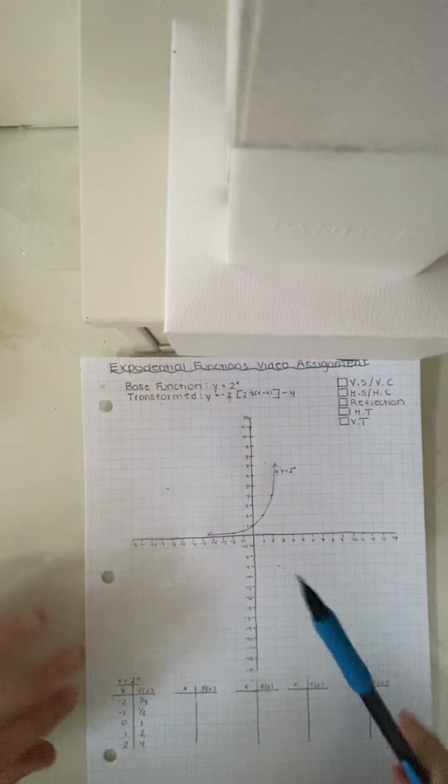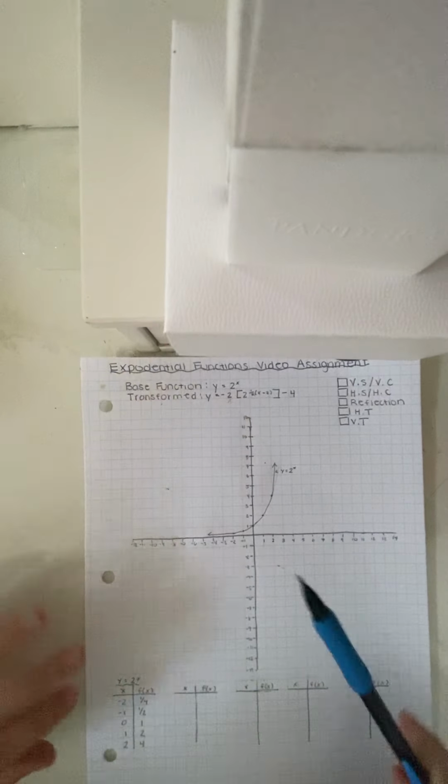So to start off, it's important to start off with stretches and compressions. I'm going to start off with vertical stretches and compressions. This value over here, outside of the bracket, the 2, means that there is a vertical stretch since it's not a fraction, so it's a vertical stretch by a factor of 2. When doing this, the x values stay the same.